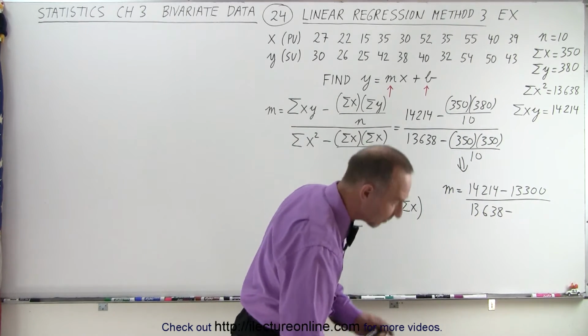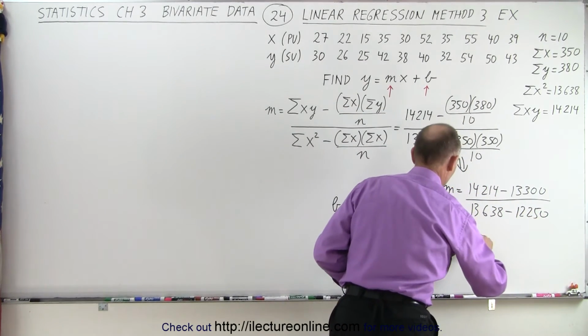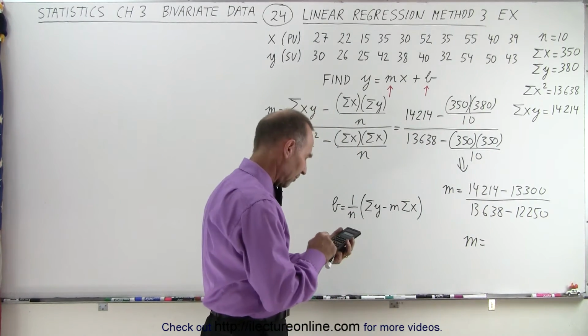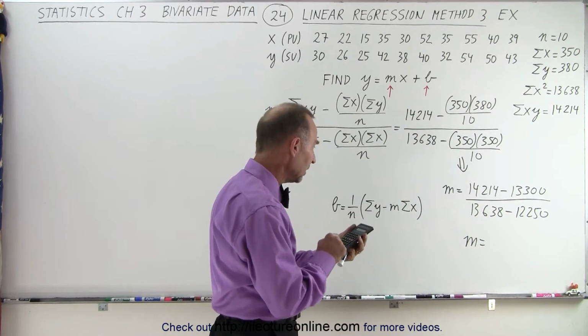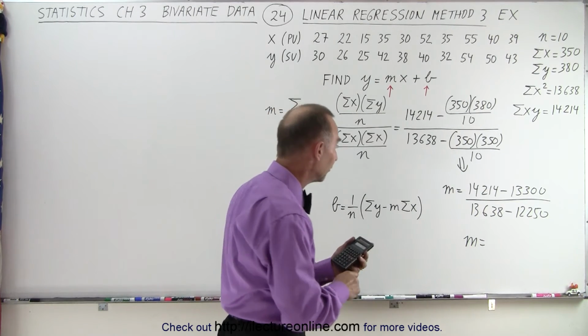We get 12,250. And so M is equal to, all right, let's see what we get. 14,214 minus 13,300. That's 914.